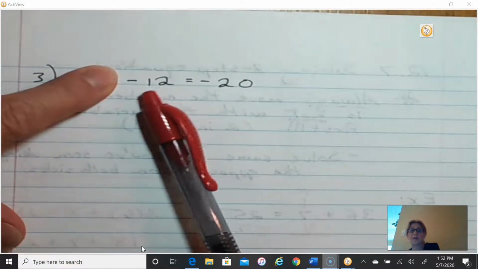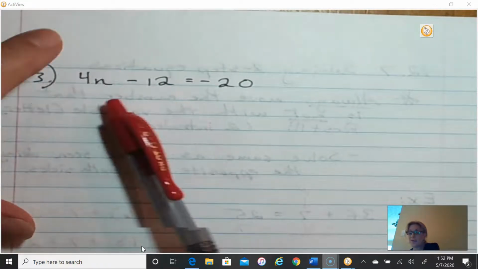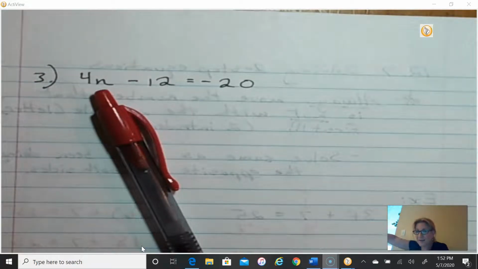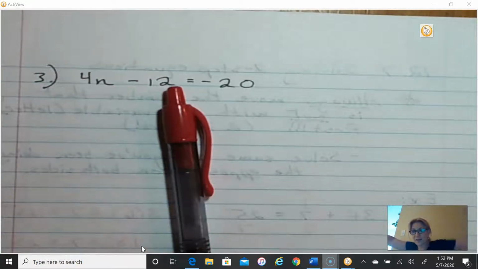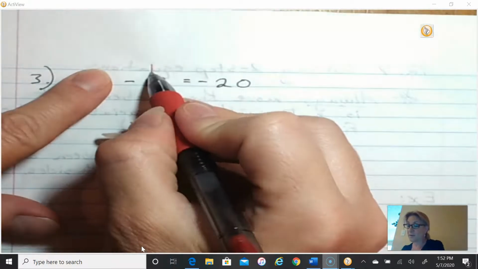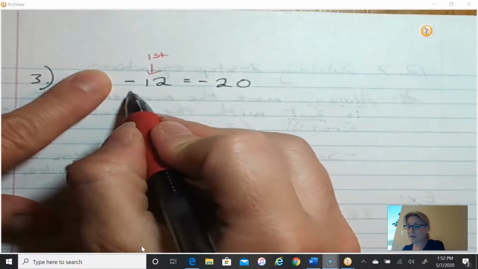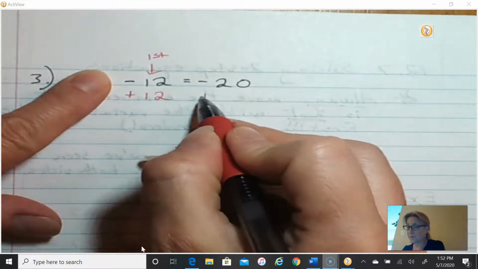This intruder right here, we got to get rid of because remember I said this intruder, you're holding off. Okay, this intruder, you're beating the fire out of it, pushing them out the door, okay? So we're going to get rid of this one first. And that's -12, so the opposite is +12.